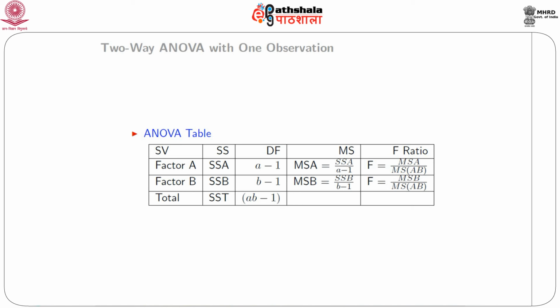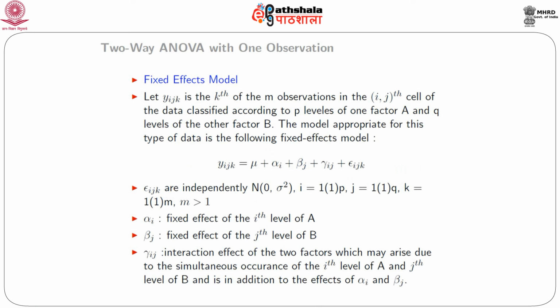Then SS, sum of squares, degrees of freedom, DF, mean squares, MS, and F ratio, which is obtained by dividing MSA by another quantity. So, this is the main idea of an ANOVA table. In most cases, you must have also another row for errors, which has been omitted here by mistake.